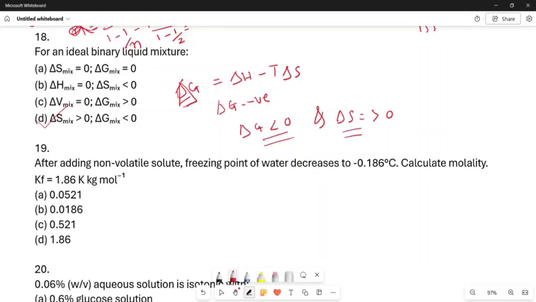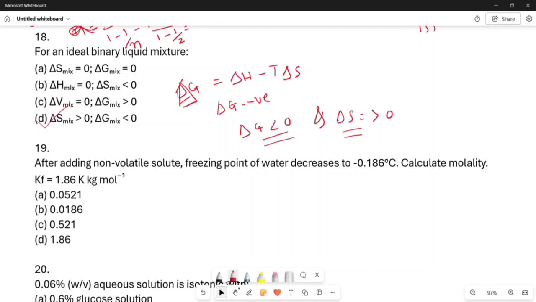Next I move to question number 19. After adding a non-volatile solute, the freezing point of water decreases to minus 0.186 degree centigrade. Calculate the molality. They have given the value of Kf. This question is based on depression in freezing point.